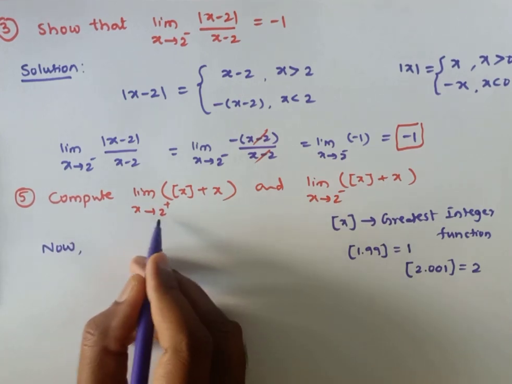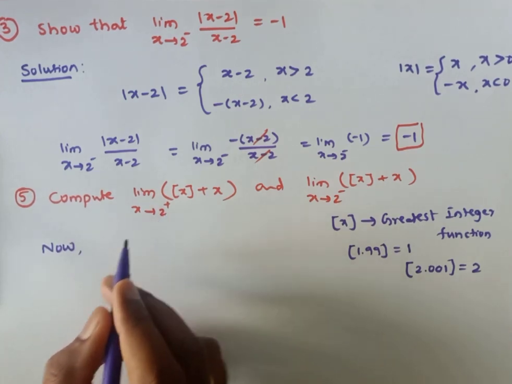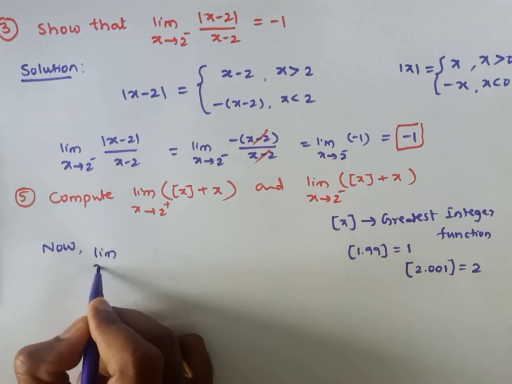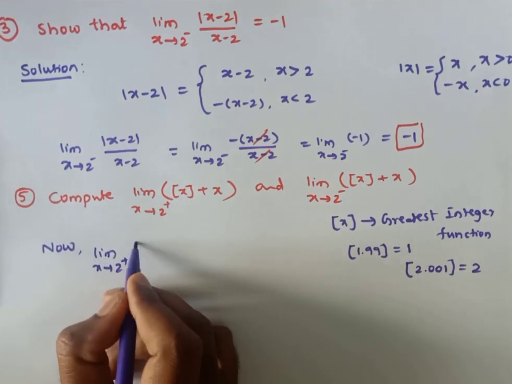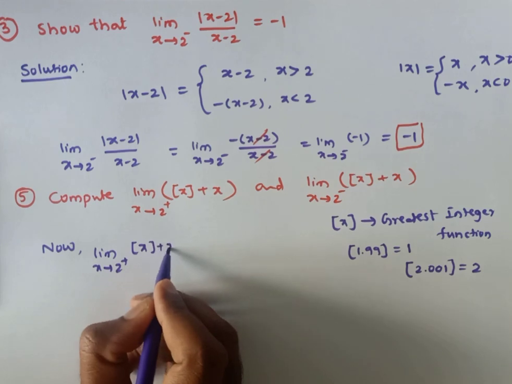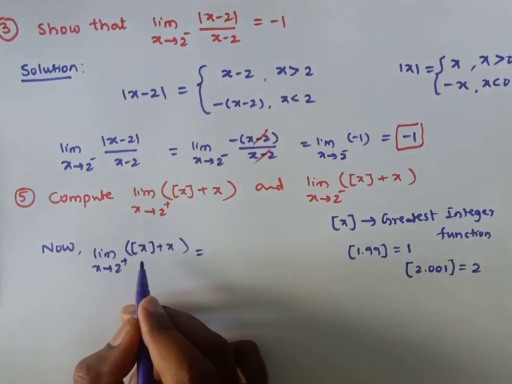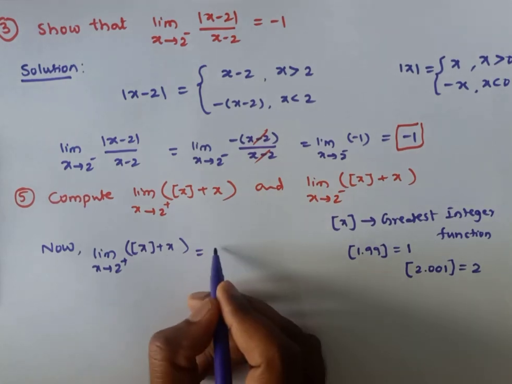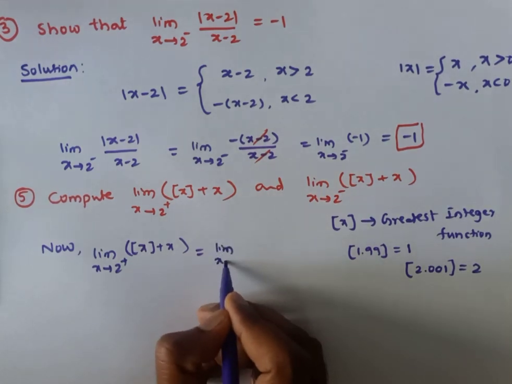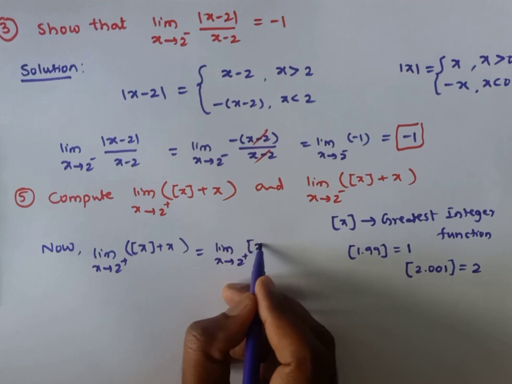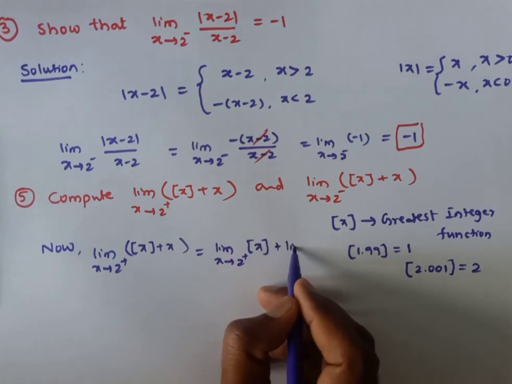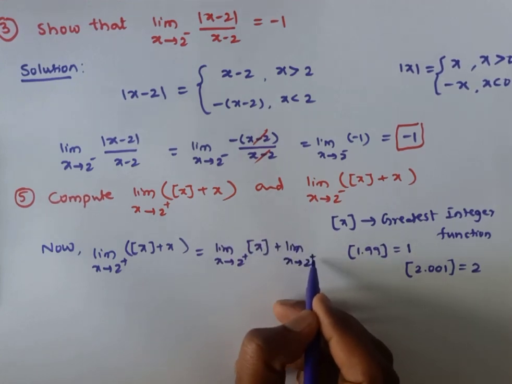So 2 plus, a little bit more than 2. So this is the limit x tends to 2 plus step x plus x. A form లో undi, f of x plus g of x. So you need to apply the limit for both the functions. That is limit x tends to 2 plus step x plus limit x tends to 2 plus x.